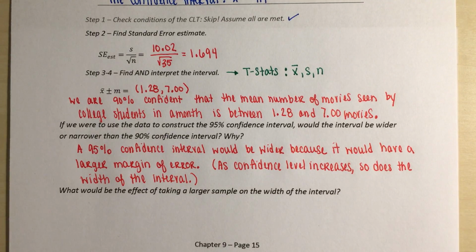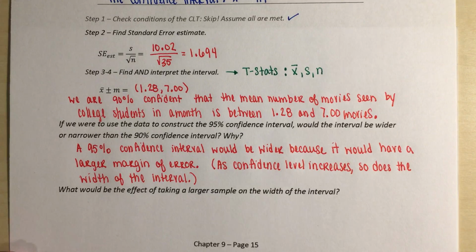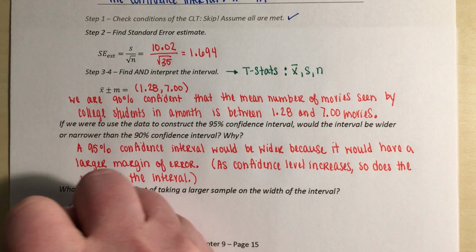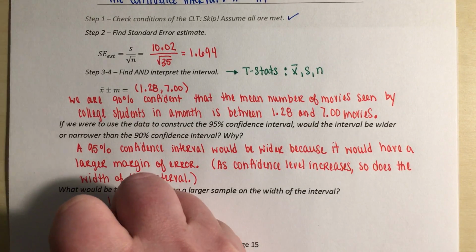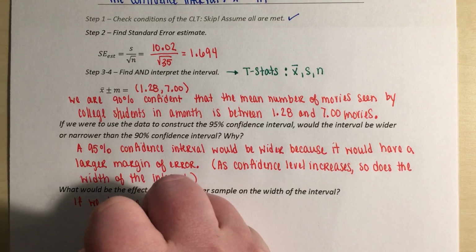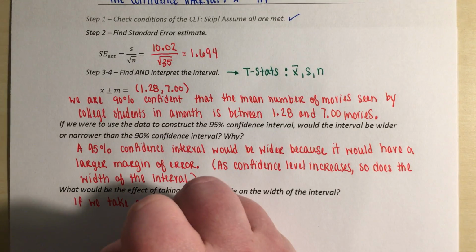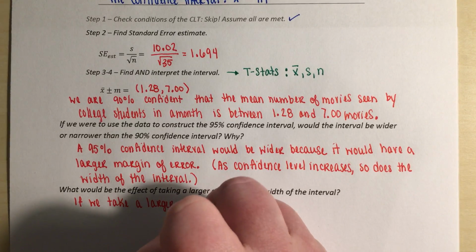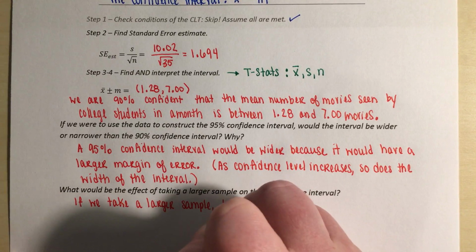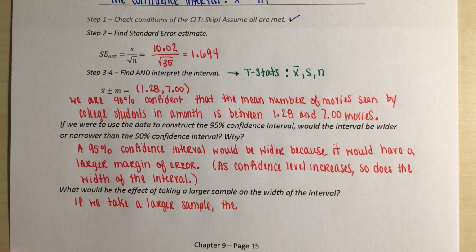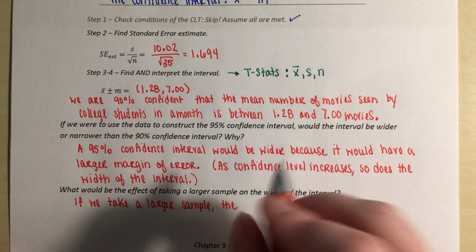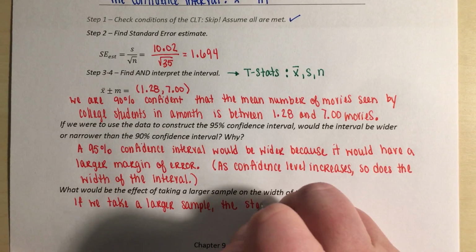Right, what would be the effect of taking a larger sample on the width of an interval? If we take a larger sample, remember that the larger the sample gets, the smaller our standard error gets. So the standard error would be smaller.